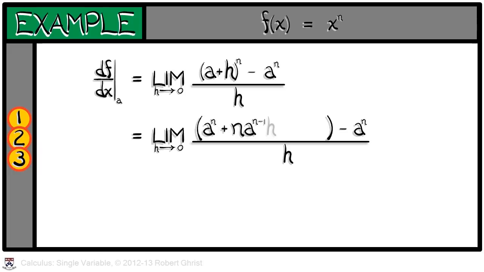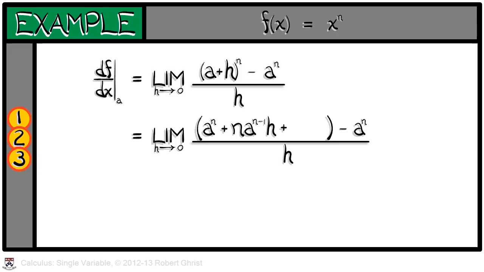Well, the first term is going to be a to the n. The next term is going to be n times a to the n minus 1 times h. This comes from the binomial theorem, or multiplying out as a long polynomial. What about all of the other terms?